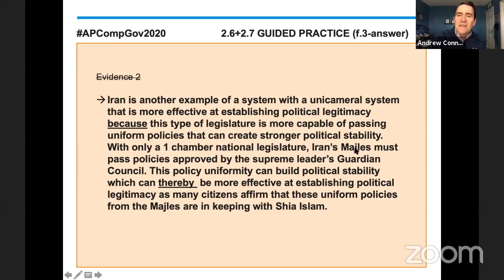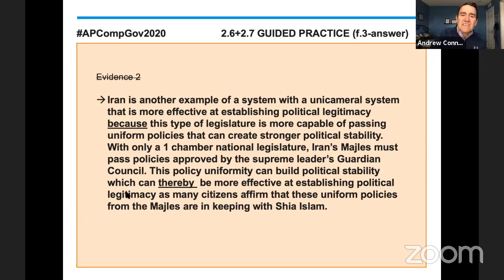I'm now talking about Iran's Majlis as a one-chamber legislature, and that the policies have to be approved by the Supreme Leader, the Guardian Council. So I'm giving specific evidence from Iran that this creates policy uniformity that can build stability, which can thereby be more effective at establishing political legitimacy. You're going to see some repetition in my thesis, but that's my thesis. I'm supporting that.